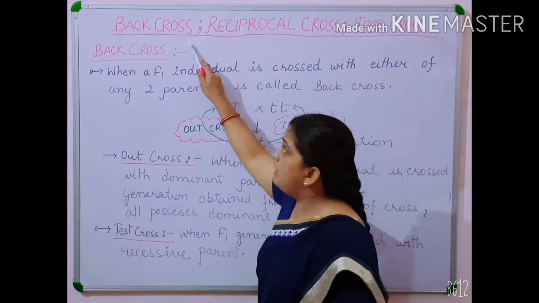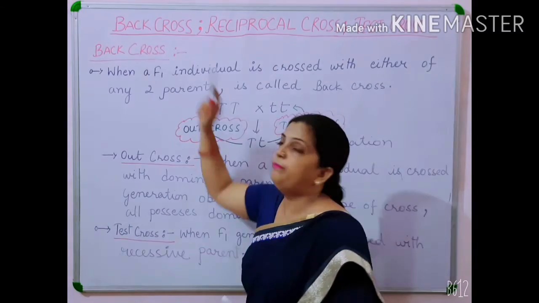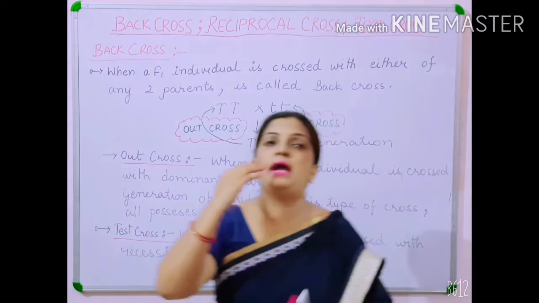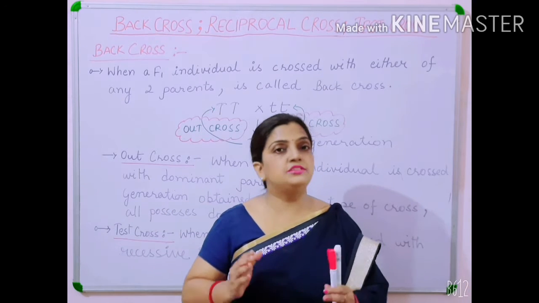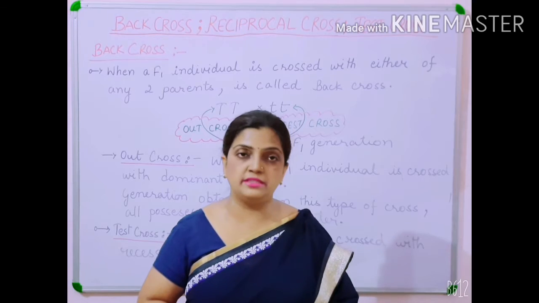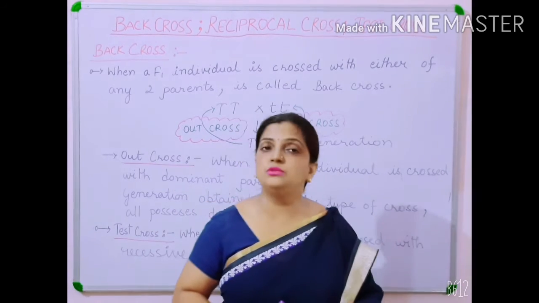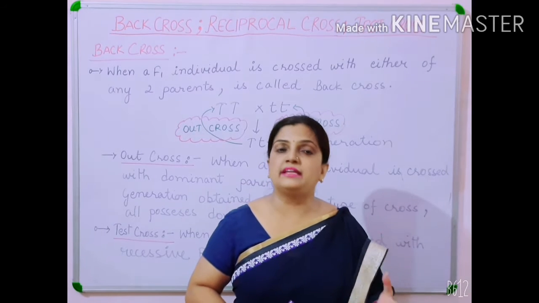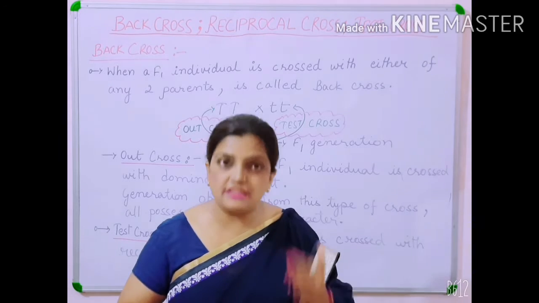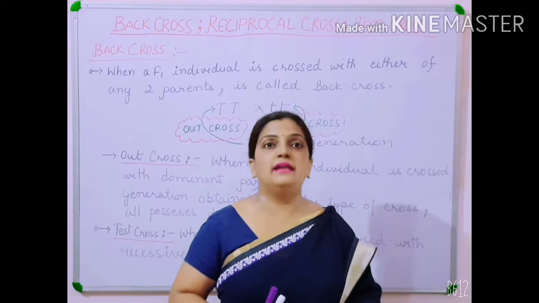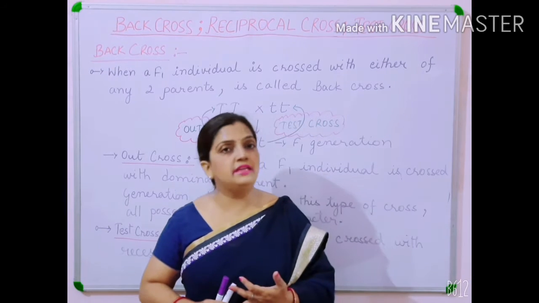So I will be starting with back cross. Now what do you mean by back cross? One step back. What did Mendel do in his experiment? In general, he cross-pollinated a tall plant with a dwarf plant. He took a pea plant with the character height and took two traits from it, a tall trait and a dwarf trait, and cross-pollinated these two plants.